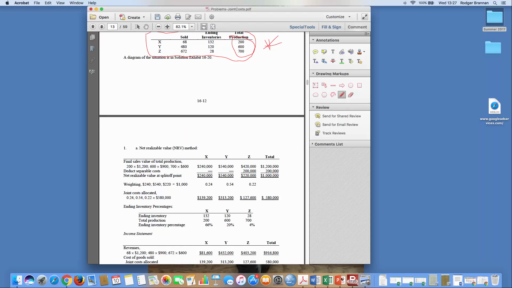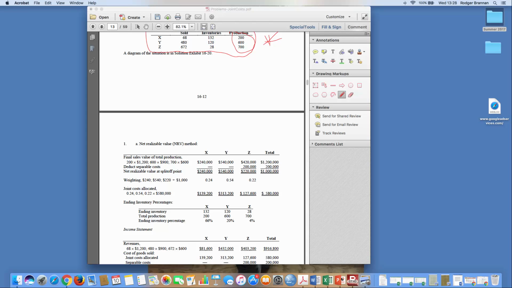Now, the net realizable value method is to look at what I can get for each product, okay? In this case, what they tell you is that we're going to look at the sales value. For X and Y, what you can get for it at the split-off point. In the case of X and Y, there really is no need to do any additional processing. They're available to be sold, and assume that's really all we're going to get.